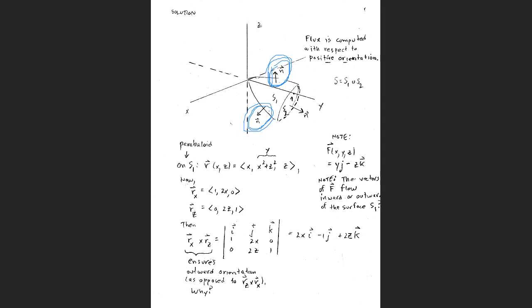But the normal unit vectors have components x, y, and z, and x could be plus or minus, y could be plus or minus, z could be plus or minus, depending on what octant the point is that your normal vector is protruding from.